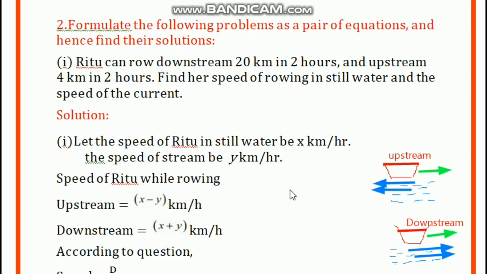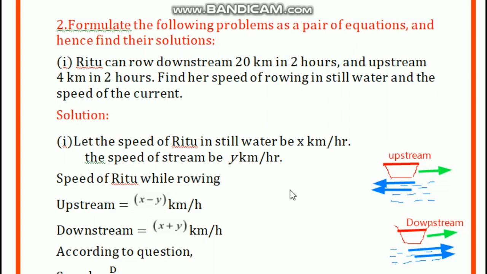Because the steps are rolling towards you, you are moving opposite to the rolling steps. That means you will definitely take some time to reach the first floor or second floor. What will happen in the upstream? The speed will be reduced.